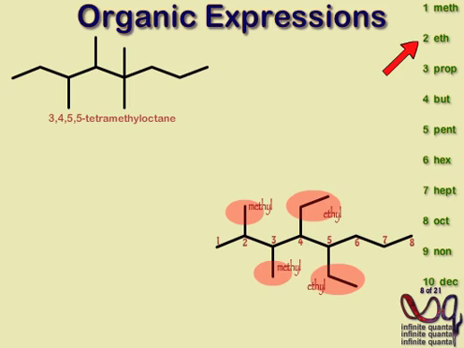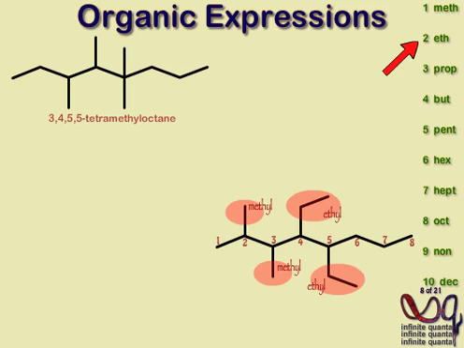Okay, so let's name it. First number your main chain. I'm just showing you the system. In a minute, I'm going to give you harder. Okay? Now, then you say which comes first, the methyls or the ethyls in the name. You go by alphabetical.